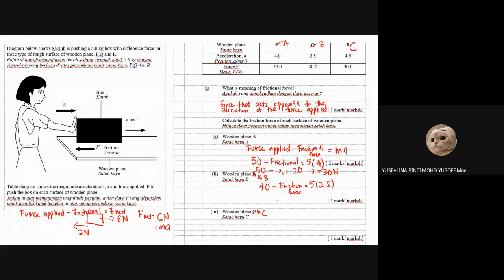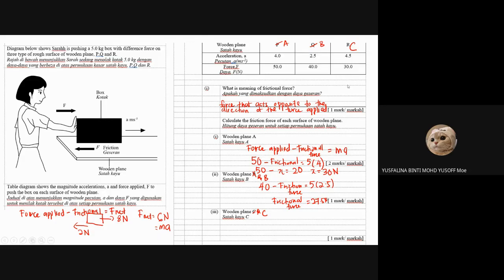So you got the answer, frictional force is equal to 27.5. Because the 50 Newton force is actually for wooden plane A. For wooden plane B is 40. For wooden plane C is 30.